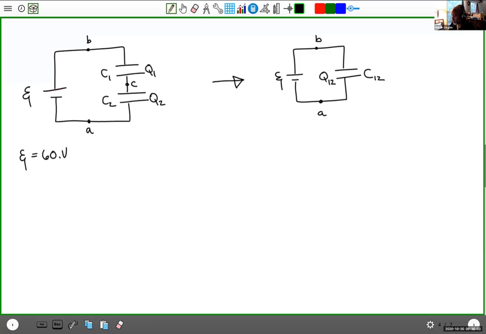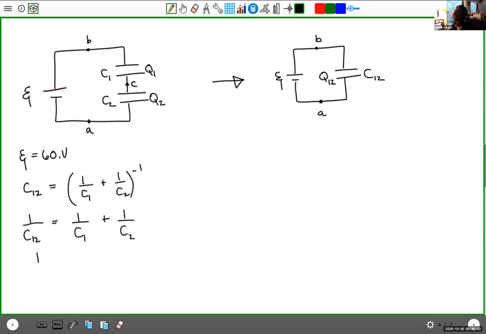Now, we could use the fact that capacitor 1 and capacitor 2 are in series, and we know that the equivalent capacitance of two capacitors in series is equal to the reciprocal of the sum of the reciprocals of each of the capacitances. We could rewrite this as 1 over the equivalent capacitance is equal to 1 over the capacitance of capacitor C1 plus 1 over the capacitance of capacitor 2.